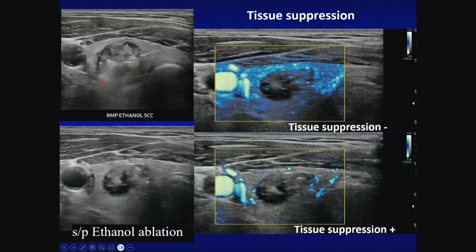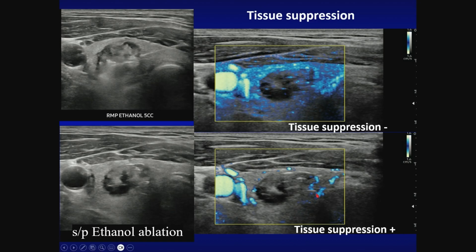This solid and cystic lesion was managed by ethanol ablation. Immediately after ethanol ablation, there is a remaining solid component. So we performed microvascular flow imaging, which shows some linear internal vascular signals.